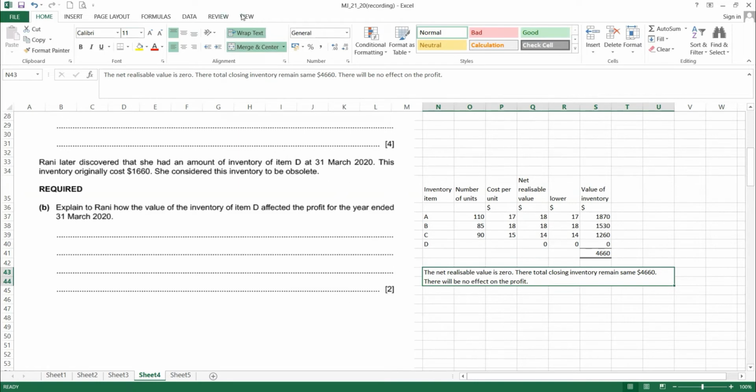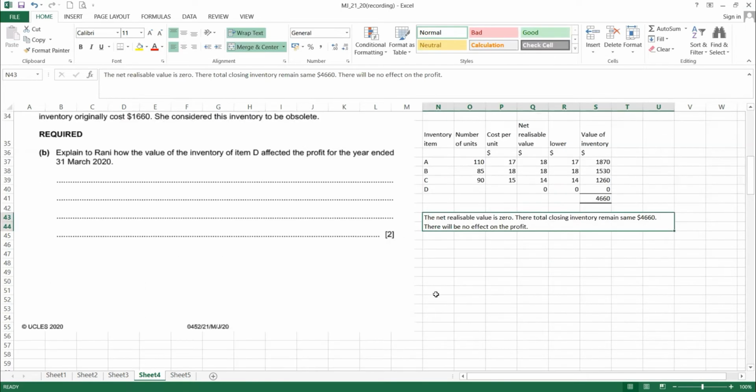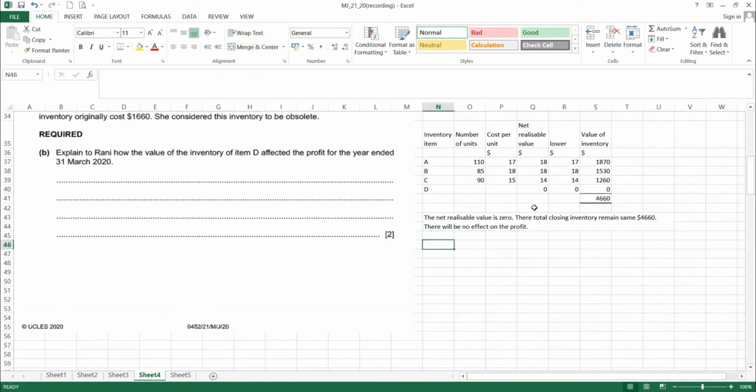If you really think about the double entry, at the beginning of the year we have the inventory, which is valued at 1,660, because they say that she later discovered she has this amount of inventory of item D, whose original cost is 1,660. It means that, based on my understanding, they have the opening inventory for the item of 1,660.